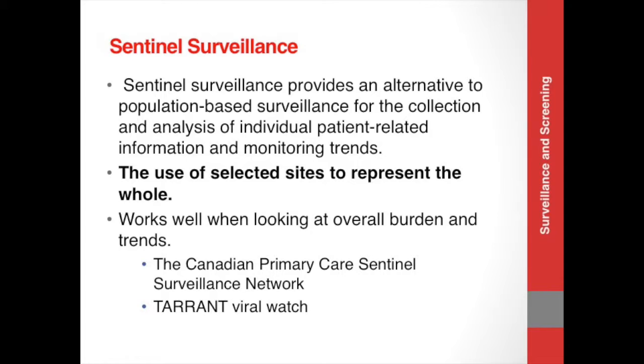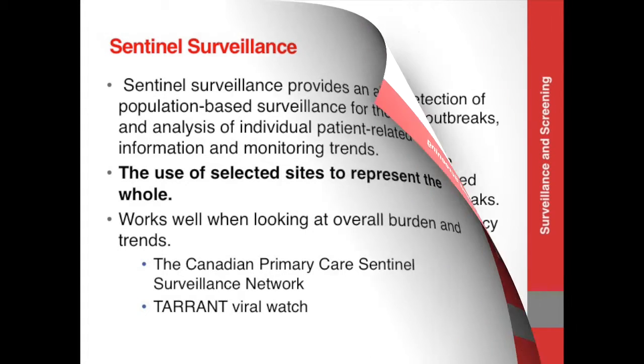For the Tarrant Viral Watch, the goal is to detect influenza-like illness clinically as it occurs in the community and to measure influenza virologically in the lab. Data is collected by volunteer physicians and nurses and is compiled prior to being forwarded to Alberta Health, the Public Health Agency of Canada, and the WHO.